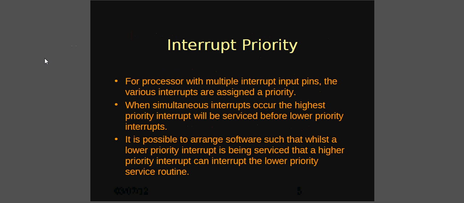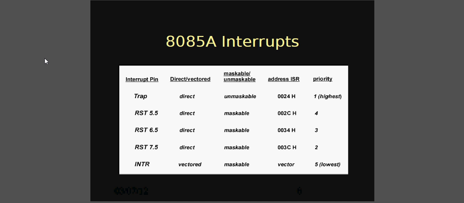Okay, so the interrupt priority. We need to have many kinds of interrupts, but what happens if two or three interrupts come at the same time? That's why we have to assign a priority to each interrupt.